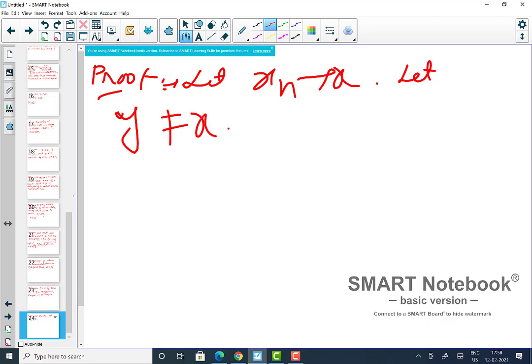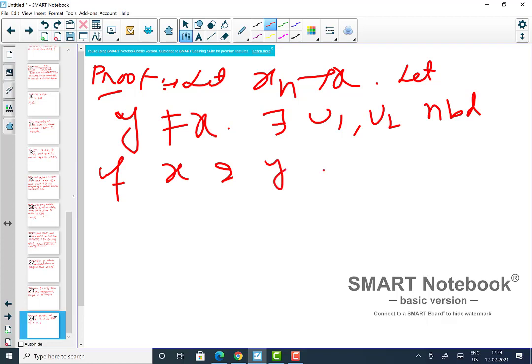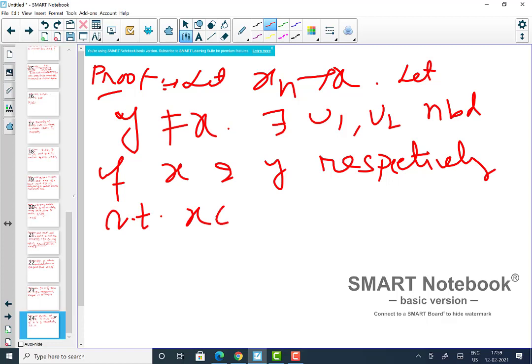We will show that y cannot be a limit of the sequence. Because it is a T2 space, there exist U1 and U2, neighborhoods of x and y respectively, such that x is inside U1, y is inside U2, and U1 intersection U2 equals phi.